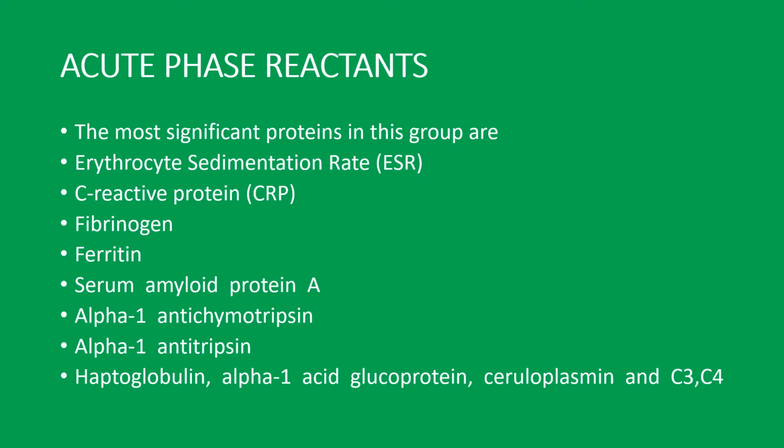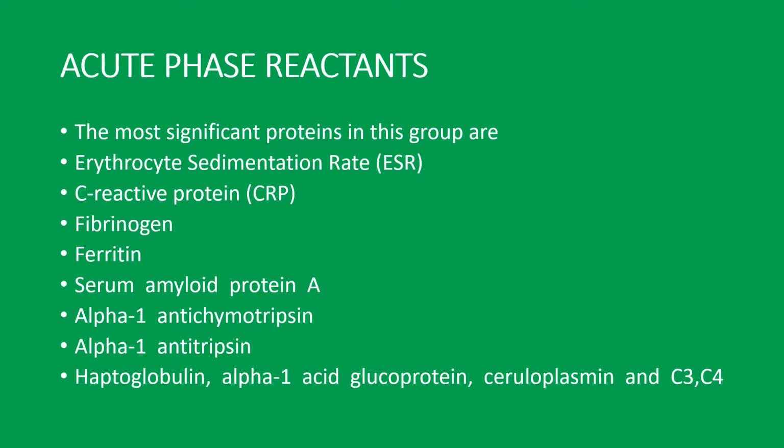So in this lecture, we will discuss the acute phase reactants based on their significance or utility in the clinics. The most commonly used is your erythrocyte sedimentation rate. Strictly speaking, erythrocyte sedimentation rate is not an acute phase reactant, but is a procedure to measure your acute phase reactants.